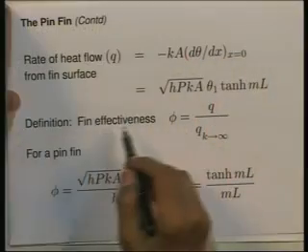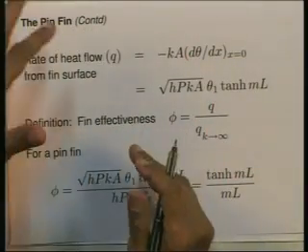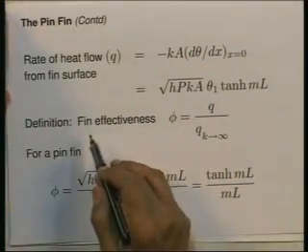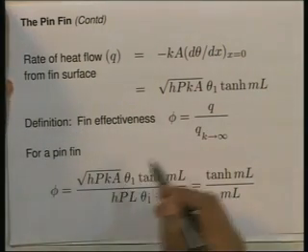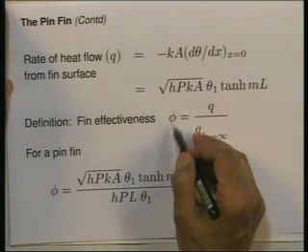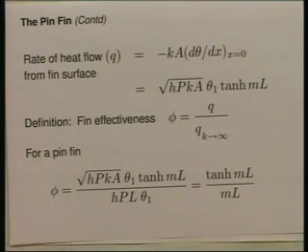Now, with fins, it is usual to define a term called the fin effectiveness. For all fins, not just pin fins, it is usual to define a term called the fin effectiveness, which we will denote by the symbol phi. And it is defined as follows.